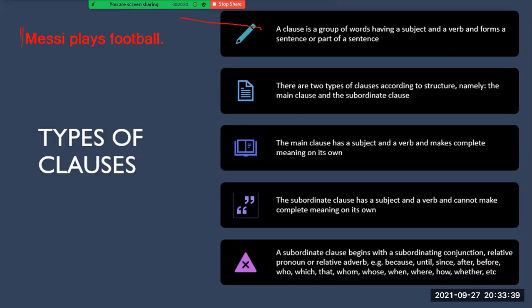When we give the analysis, we break this into its natural components or parts. This is the way to analyze a sentence. And so Messi is the subject, plays is the verb, all right? And then we have an additional element, football is the object.